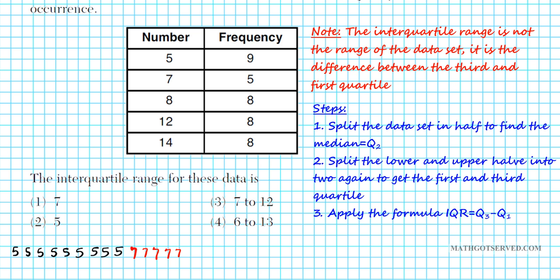And then we have 8 8s. So let's list that. We have 1, 2, 3, 4, 5, 6, 7, 8. And then we have 8 12s. So we have 1, 2, 3, 4, 5, 6, 7, 8.